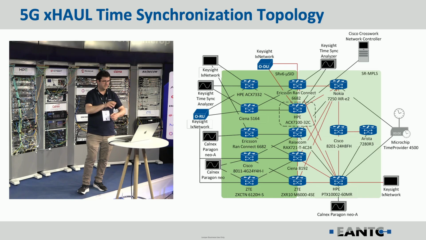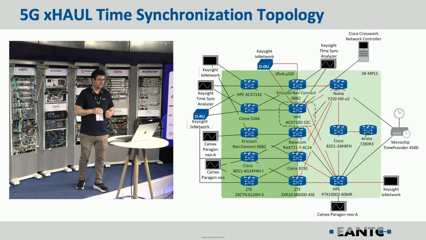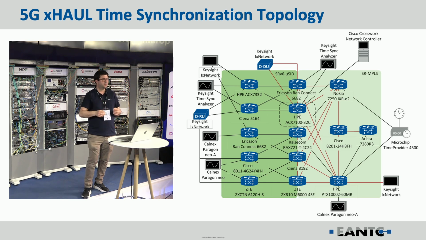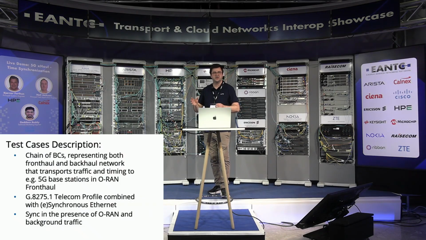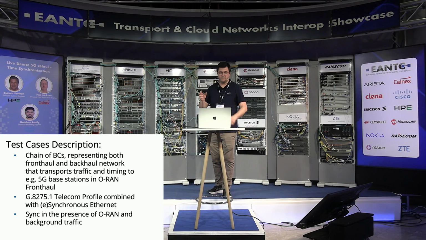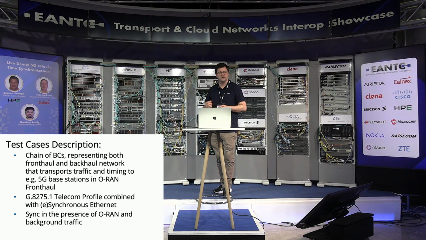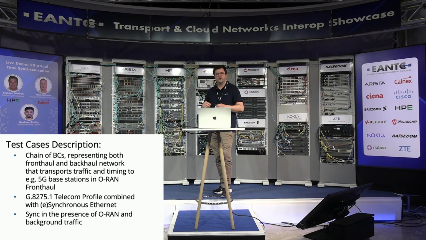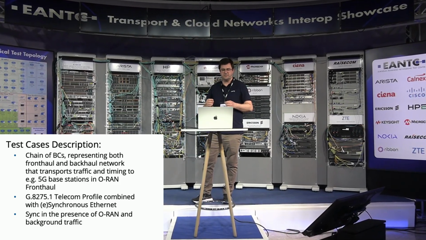And as you see, we have multiple timing test equipment devices in the network to measure the SyncE and the PTP performance throughout the network. So how we set this up is that we have this chain of boundary clocks from the grandmaster out through here. So they're all doing full timing support. It means that we are using the G.8275.1 profile in the hybrid mode, where we are running both SyncE and PTP throughout the network.